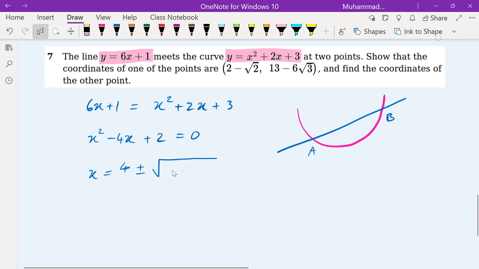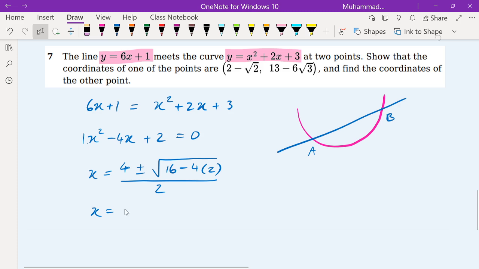Root, that's 16 for 4AC. A is 1 and C is 2. So it's going to be 2, over 2 times A. That's 1 as well. So it's 2 only.